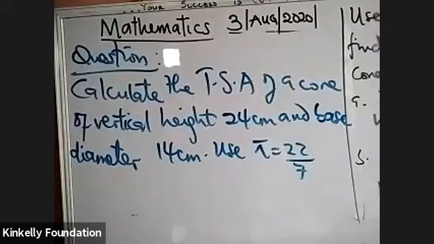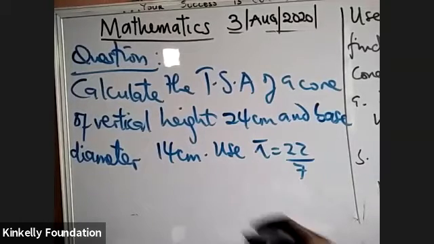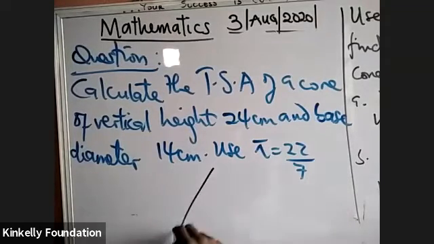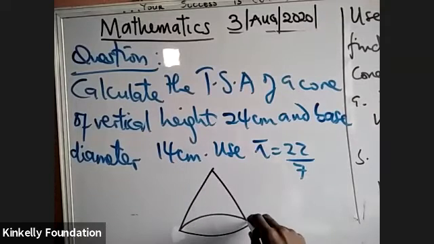Height 4 cm and base diameter 14 cm. You should use pi equal to 22/7. In this case, the first thing you need to do is to get your slant length. The diameter from here to here is 14 cm.